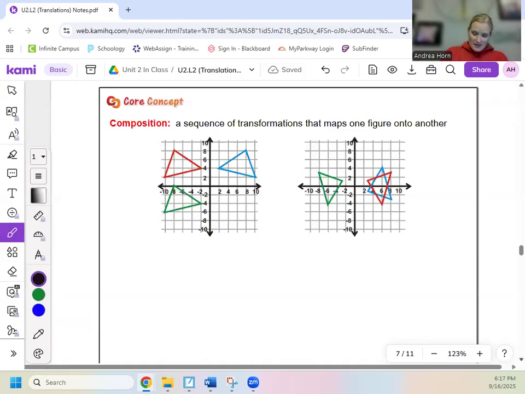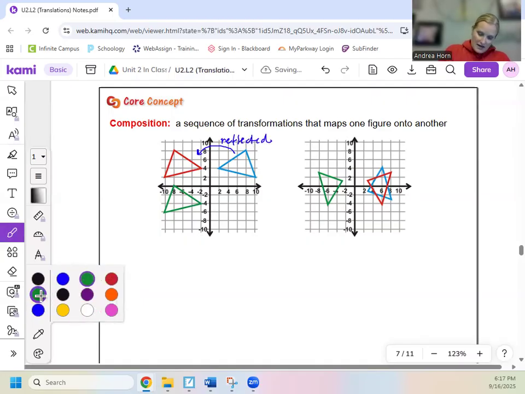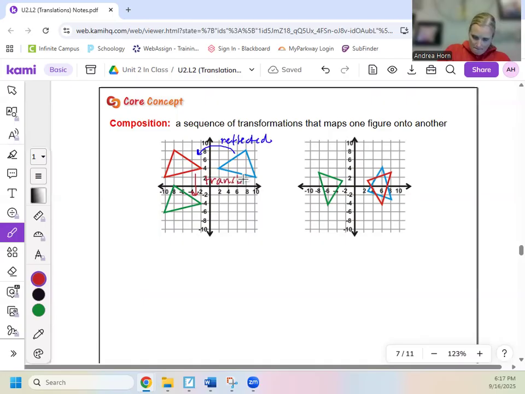If we look at the images that I have here, notice that from here to here we reflected, but then from here to here we translated. So that's a composition. It means that we did two different transformations in a specific order. If we look at the second one, it looks like we probably reflected going this direction, right?